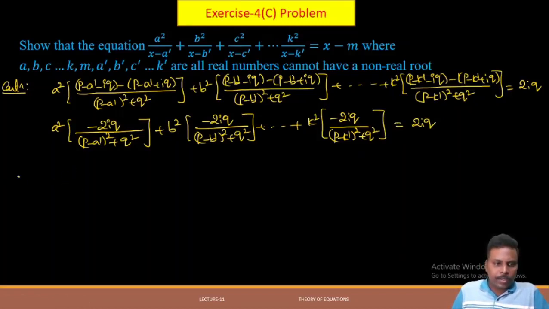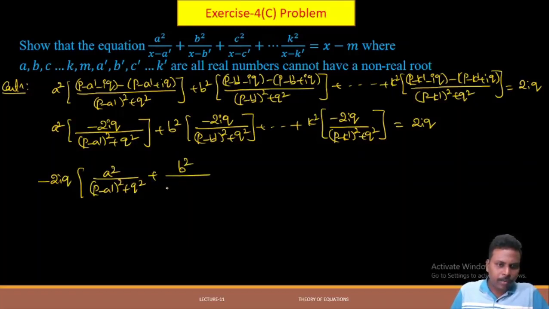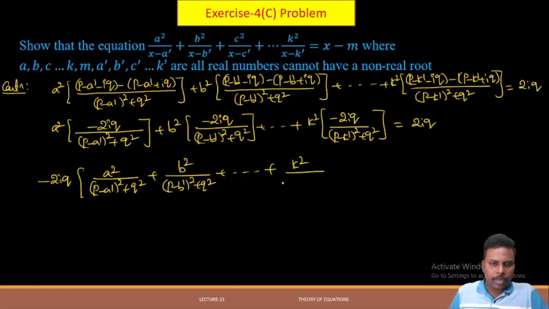Now in all these terms I can take common 2iq. I bring this term this side, then I get a square divided by p minus a dash whole square plus q square plus b square divided by p minus b dash whole square plus q square, and so on, k square divided by p minus k dash whole square plus q square plus 1 is equal to 0.